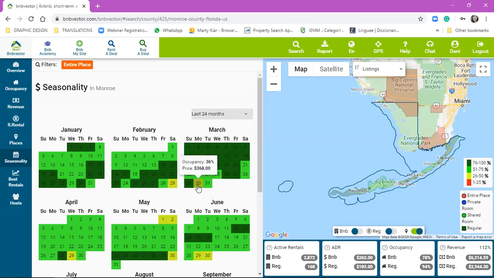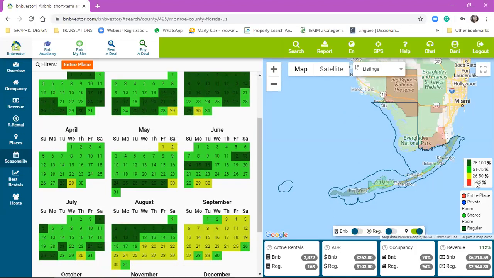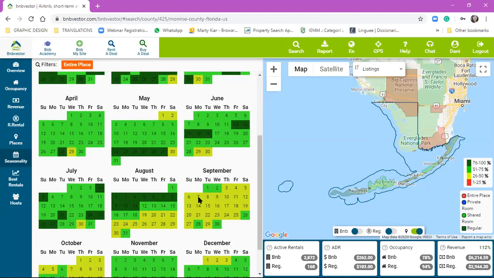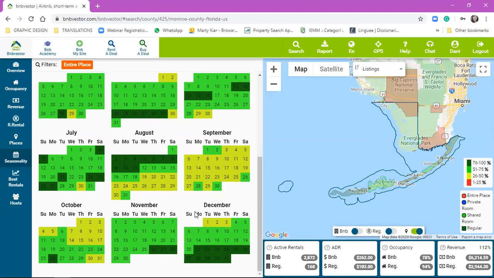And then the yellow goes from 26 to 50. It's not very good, but it's still not red. And since we're analyzing Monroe, there's no really bad occupancy rate in Monroe.